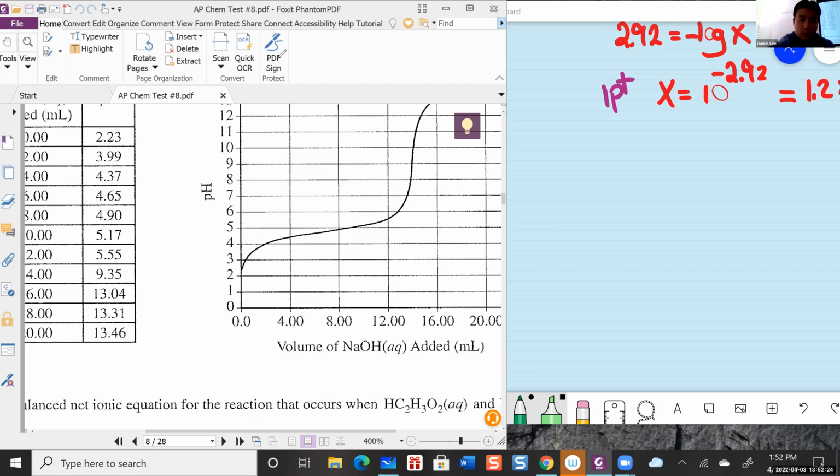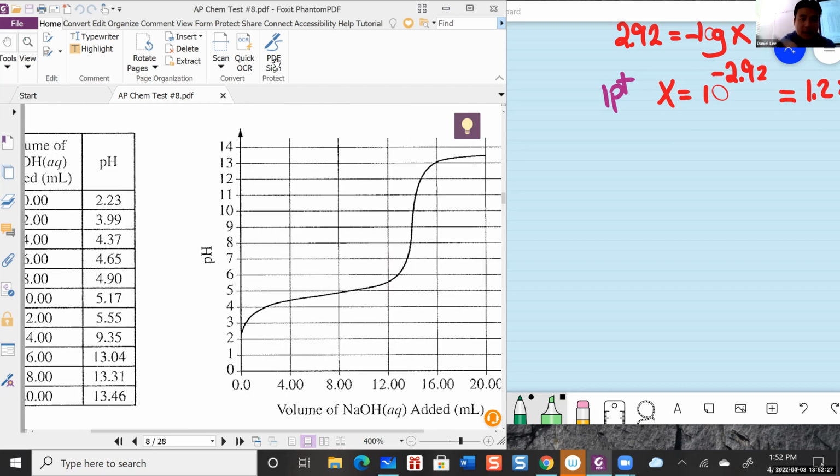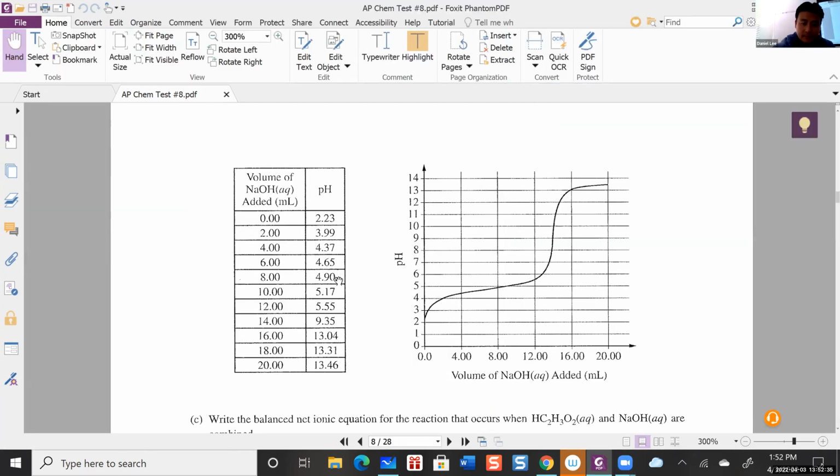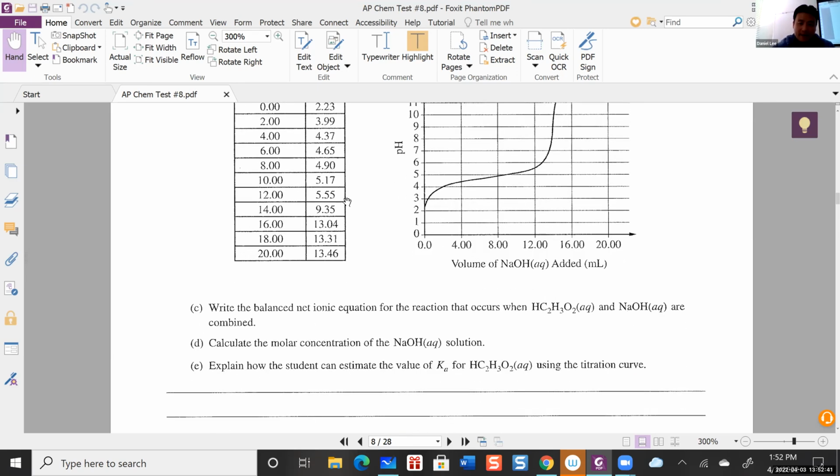Okay, so we're given this titration graph. Let's see what information is needed here. This is important. All right, so here's a titration graph, okay? So part C, write a balanced net ionic equation between a weak acid, which is acetic acid, and a strong base.